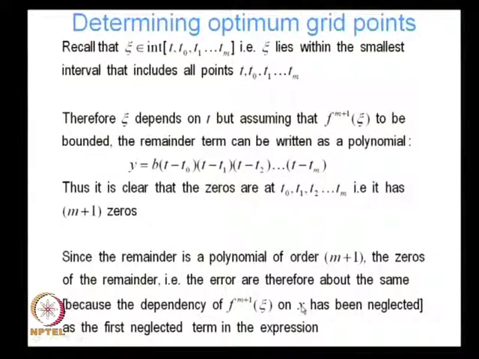This should be t, right, I am sorry, it is the same thing because there is a transformation of variables, right. So, I have ignored the dependency of f m plus 1 xi on t, but it turns out that since I have ignored that, I can assume that the zeros of this remainder are the same as the first neglected term in the series, right.